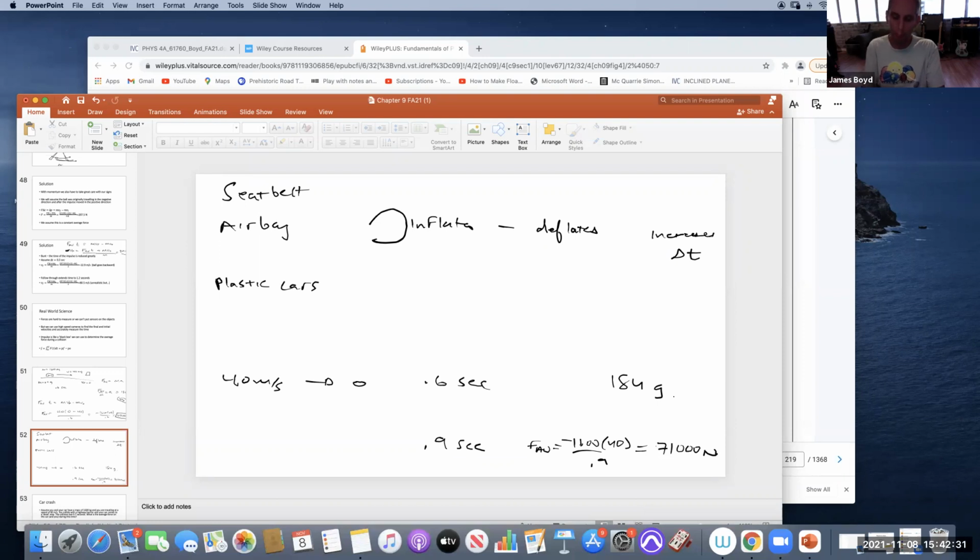And if I divide that by my 60 kilograms, I'm at an acceleration of about 121 g's. So I've reduced it from 180 to about 75%.